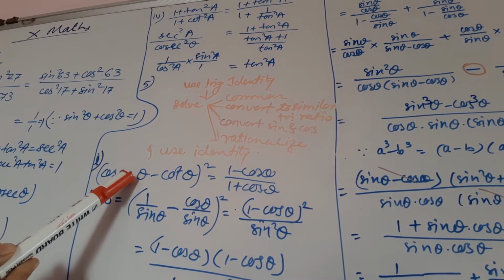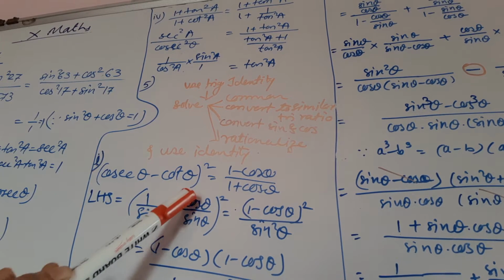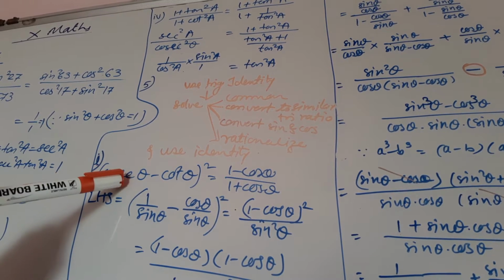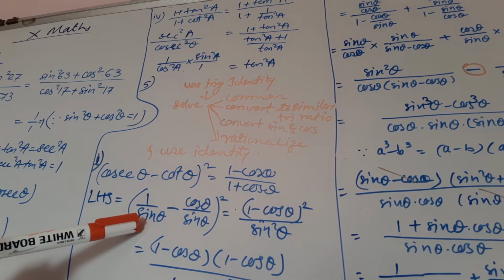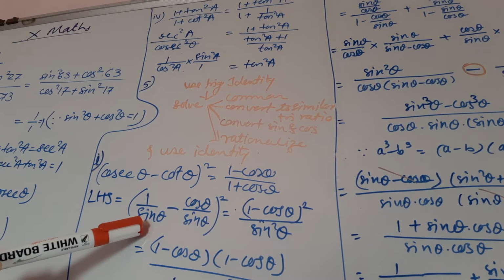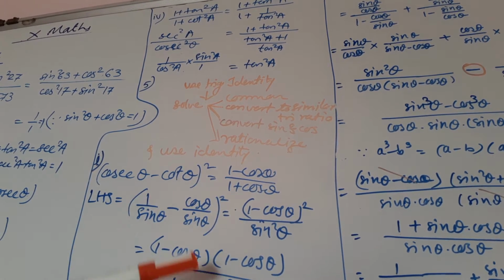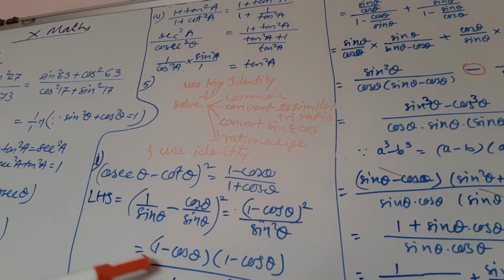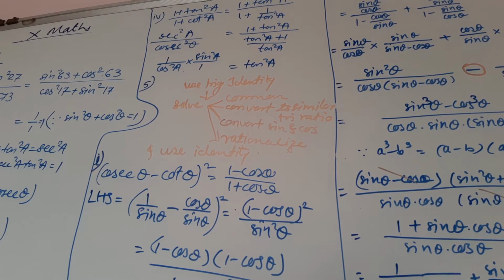In this problem we have converted everything into sine theta and cos theta. Cosec theta is the reciprocal of sine theta, so we can represent cosec theta like this. Cot theta is the ratio of cos to sine, and then we have taken the square of it.